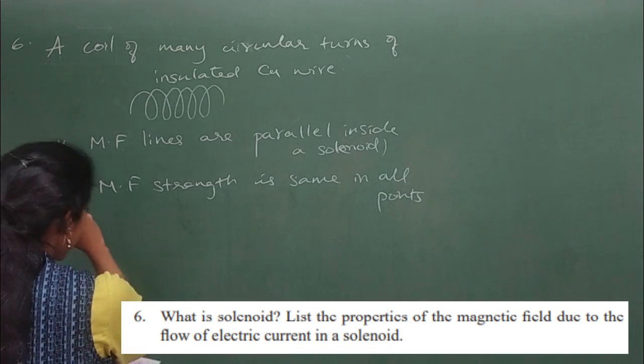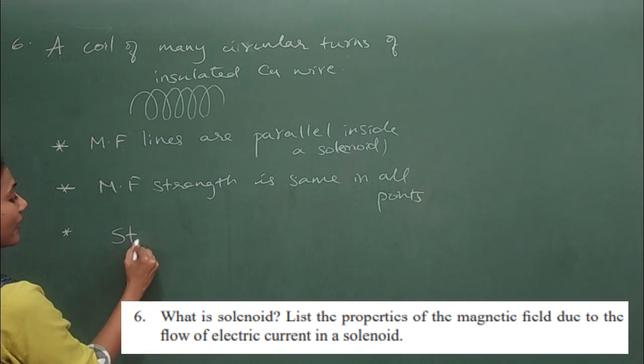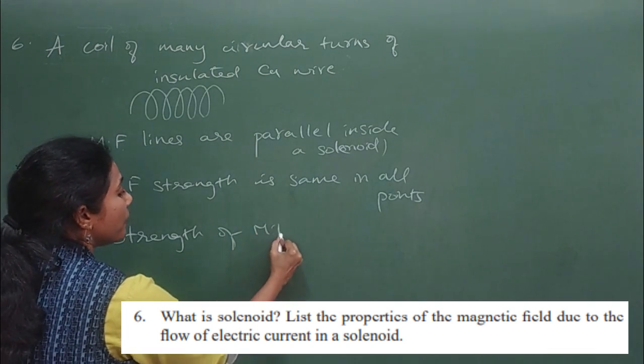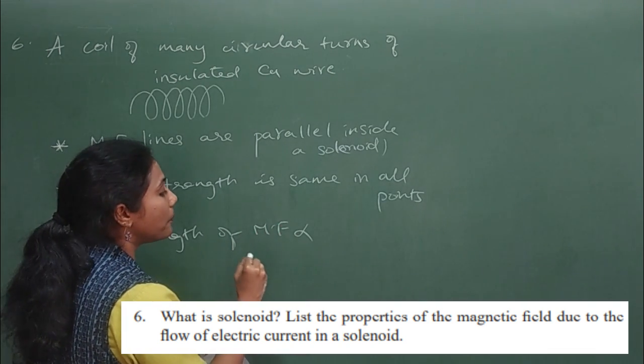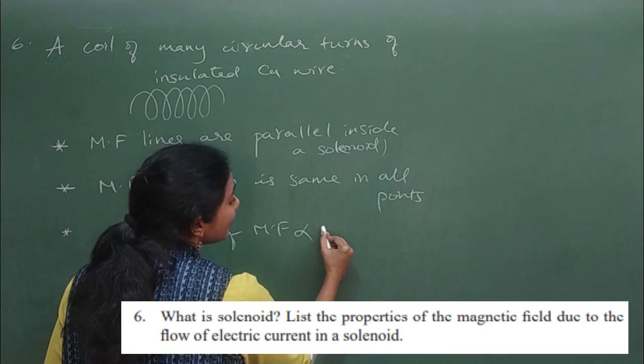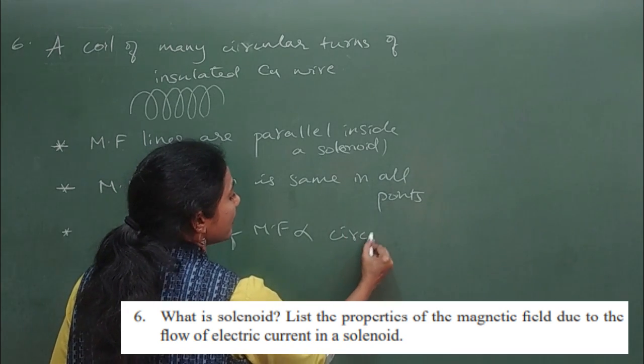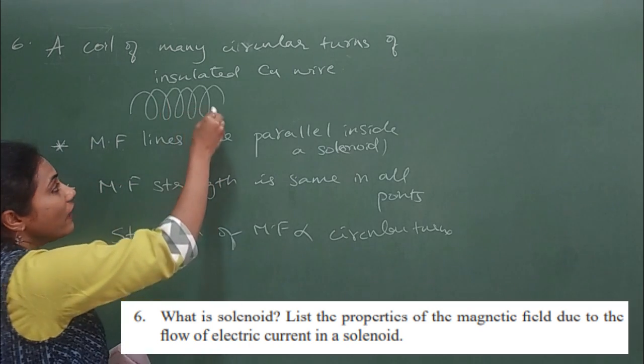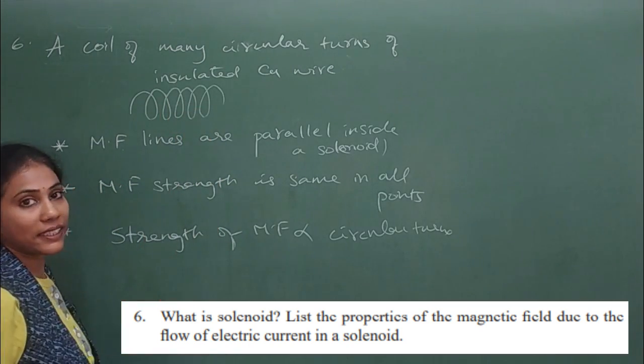And the third point is, strength of magnetic field is directly proportional to circular turns, right? More the turns you have, more will be the strength of magnetic field.